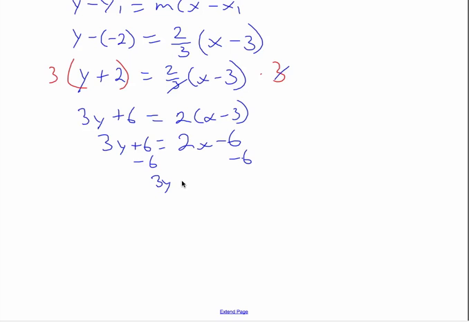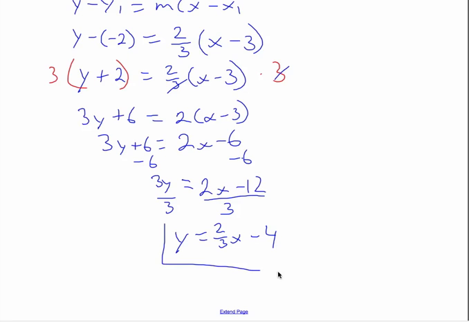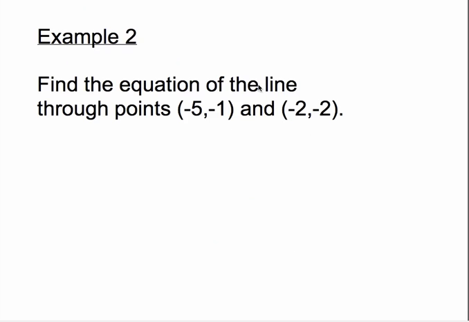We'll get 3y equals 2x minus 12. And divide by 3. We'll get y equals 2/3 x minus 4. Alright, so we're done.